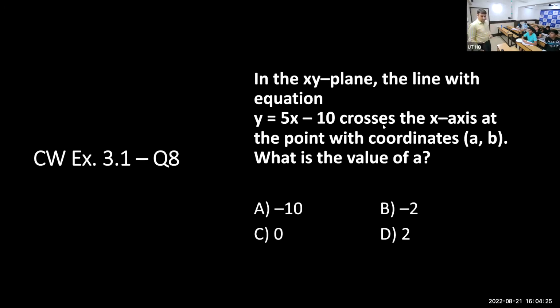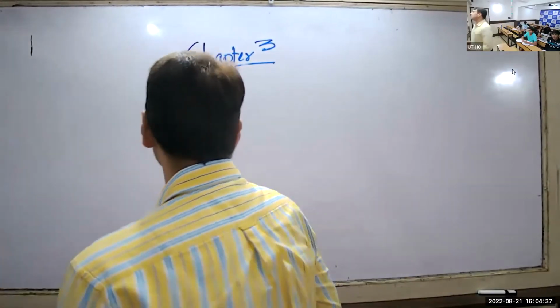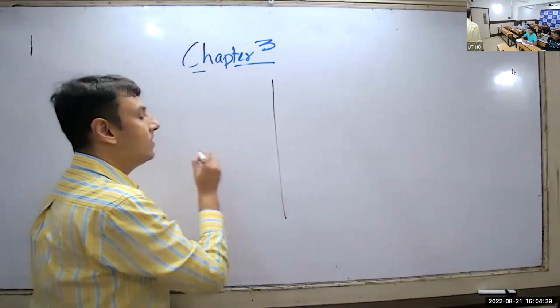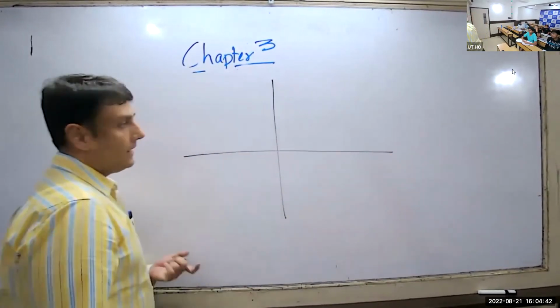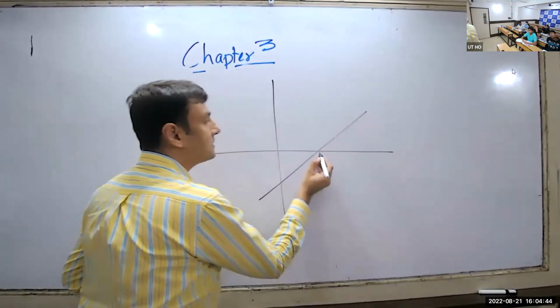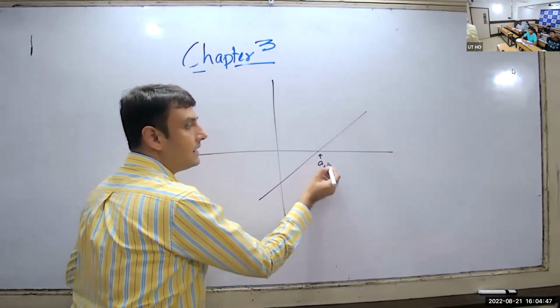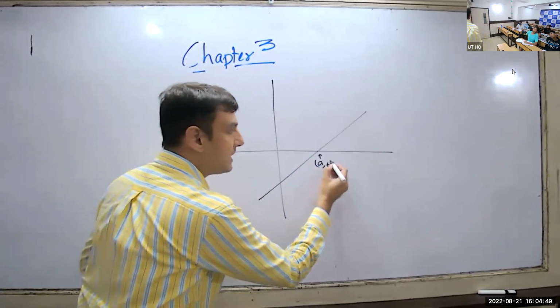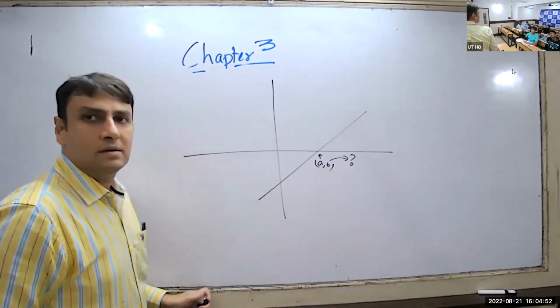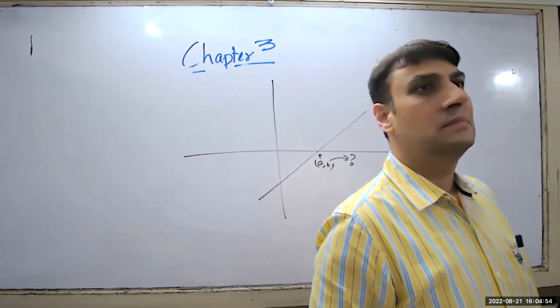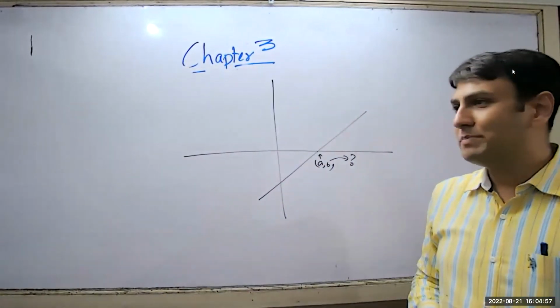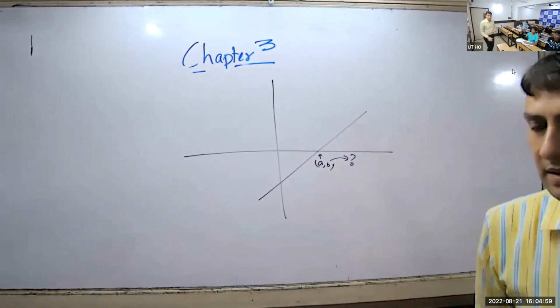What would be the value of b? This is the coordinate plane, and let's say there's some line which is intersecting the x-axis at a comma b. What is the value of b, I'm asking?